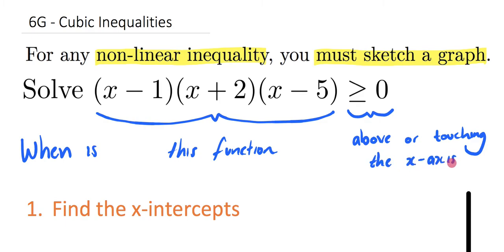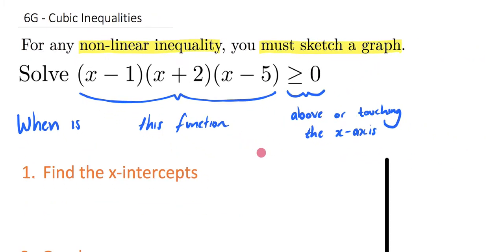So that is really just writing in plain English what this question is saying. And hopefully you can see also as well that this is approaching it from a graphical point of view. You can visualize what we're doing here, and that's the whole point of this. When you have non-linear inequalities, you have to sketch it. You have to graph it to understand what's going on.